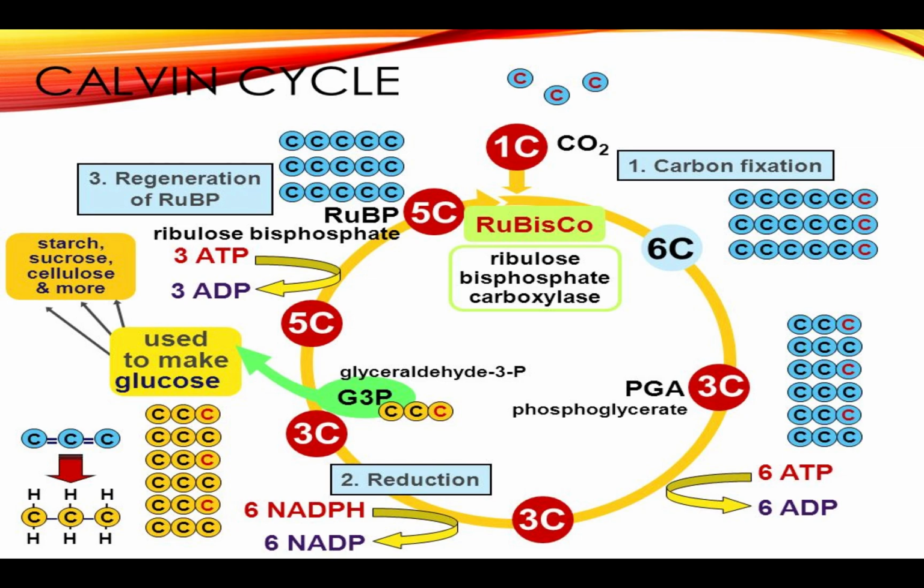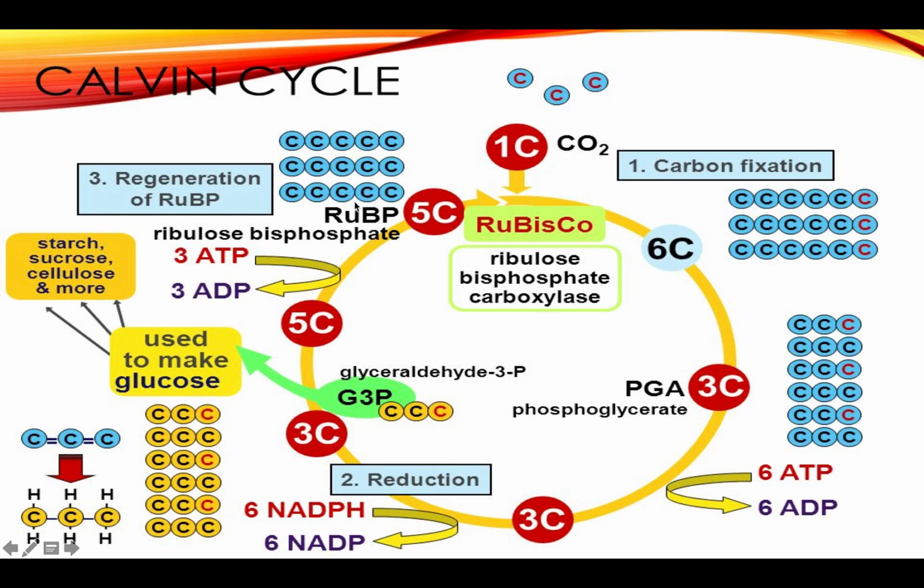5 molecules of G3P plus energy from ATP will generate Rubisco, and the Calvin cycle continues. So from the G3P, we get 5 molecules here. We add this 1 carbon from CO2, and now we have the completed Rubisco. So we're not starting with Rubisco, but we are ending with Rubisco.